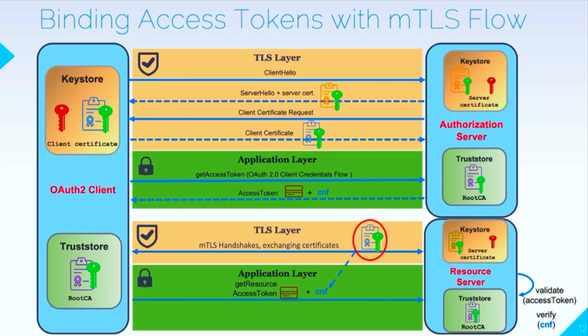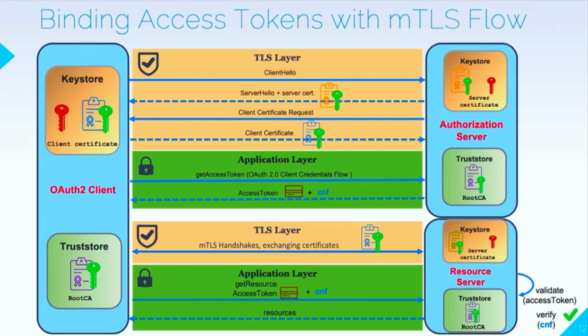It then compares this calculated thumbprint with the one included in the CNF claim of the access token. If these values match, it confirms that the token is bound to the client presenting the certificate. If they don't match, the token is rejected. This ensures that the token is bound to the client that possesses the corresponding private key.